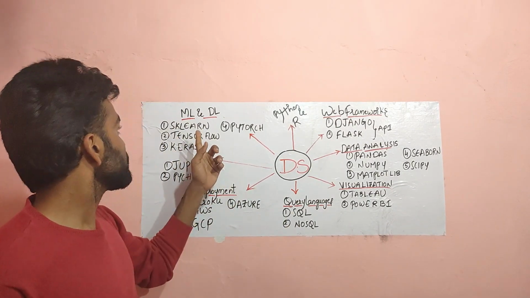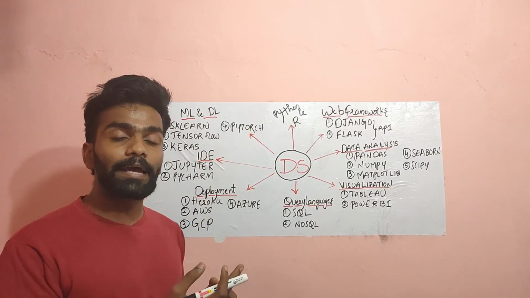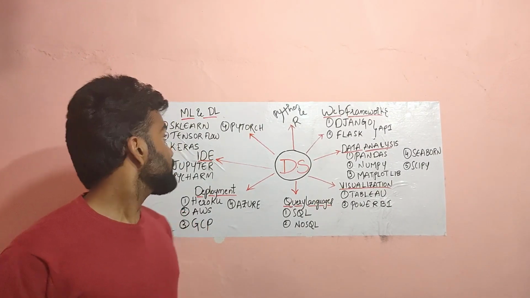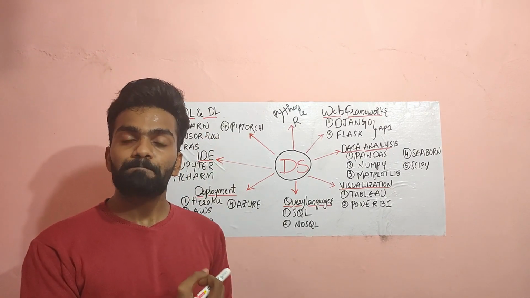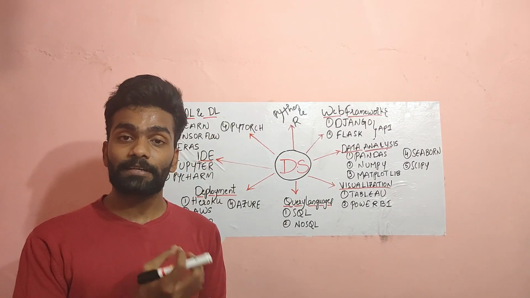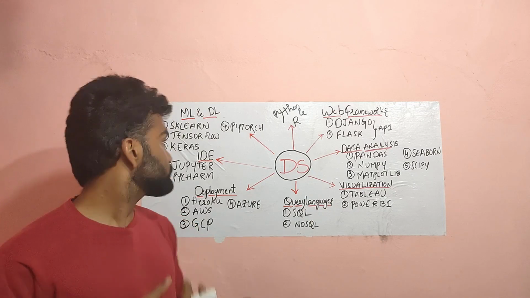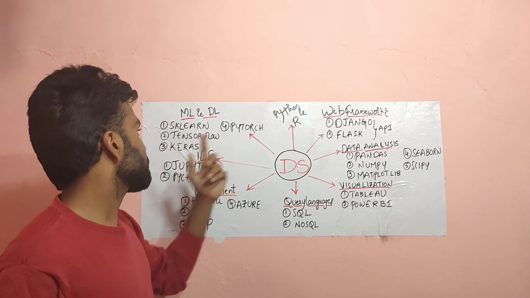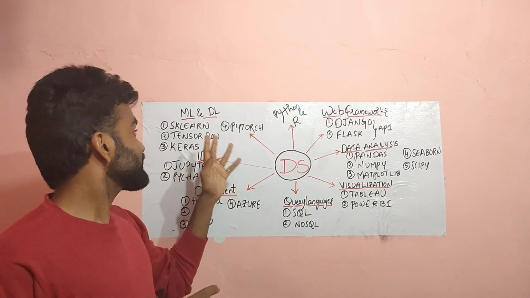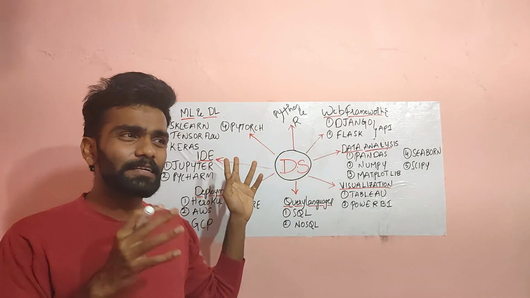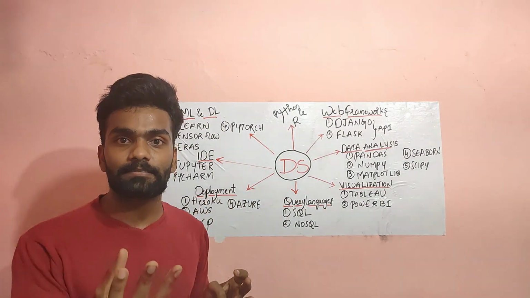So in scikit-learn we will be importing ML kind of algorithms. TensorFlow, Keras and PyTorch will be useful for importing deep learning. For deep learning, we're gonna use these TensorFlow, Keras and PyTorch. And I will explain the differences between TensorFlow, Keras and PyTorch. TensorFlow provides some simple APIs to use.